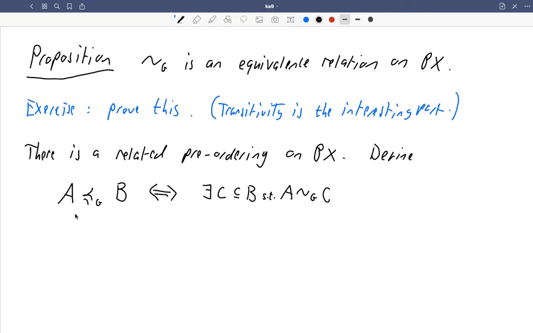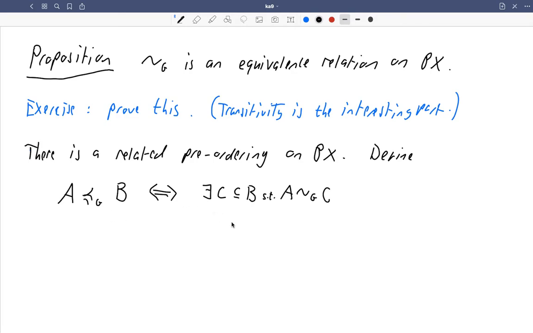Whenever you have an equivalence relation on subsets of a set, you can always define a preorder in this way.